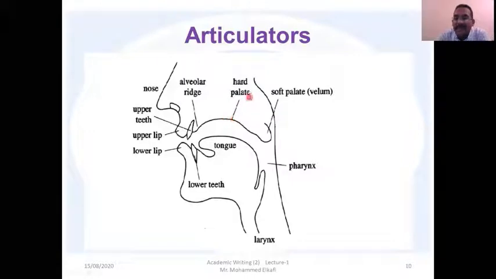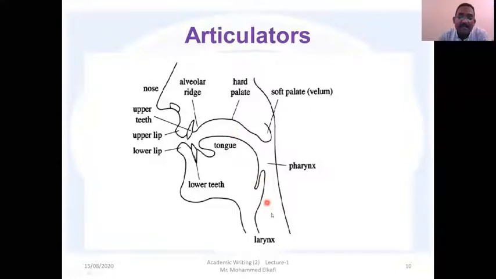Here we have the hard palate, and this area is the soft palate, which is also known as the velum. In the soft palate area you can touch it with your tongue, and this area is the hard palate. Then here we'll find the pharynx, and the most important organ used in the production of speech sounds, the tongue.